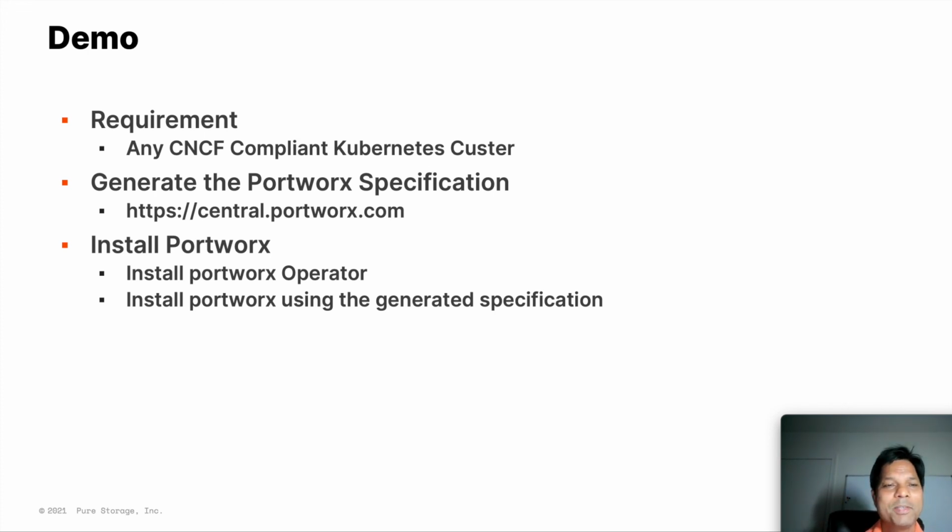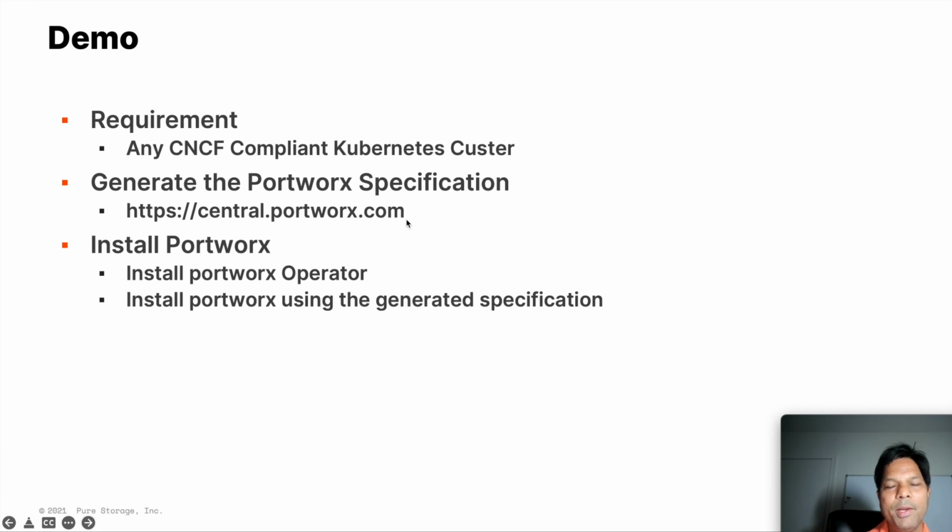And it is pretty simple, a two-step process to install Portworx. We install it through the Kubernetes operator. First we install the operator, and second we generate a Portworx specification using a generator available at central.portworx.com.